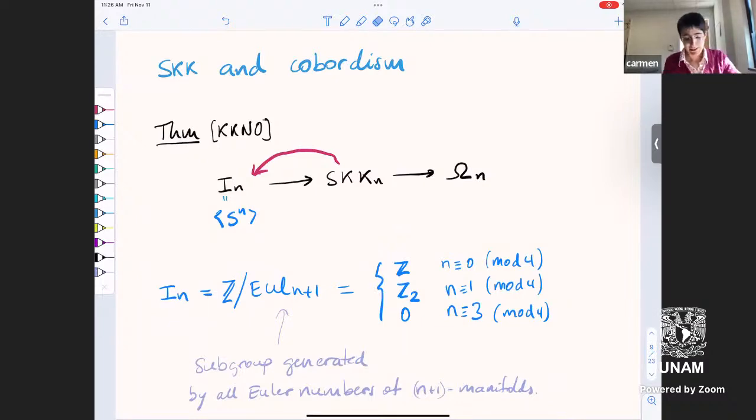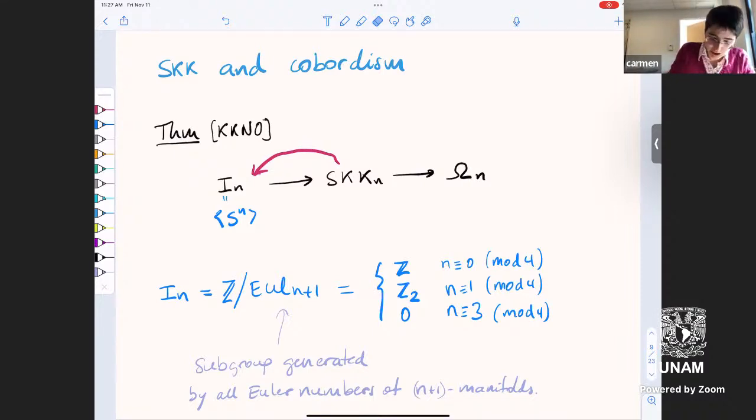The kernel is pretty interesting. The kernel is generated by spheres, meaning that any two cobordant manifolds will differ by a certain number of spheres when you look at it in the SKK group. That's a longish argument, which I'm not going to reproduce right here. It's not terribly difficult.